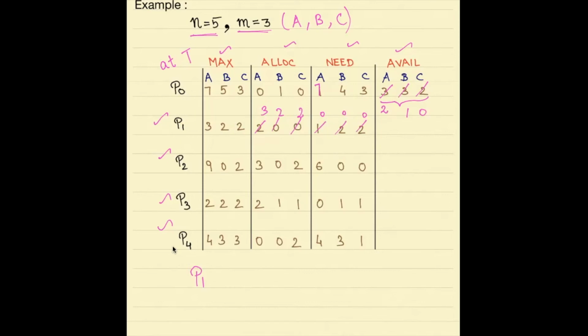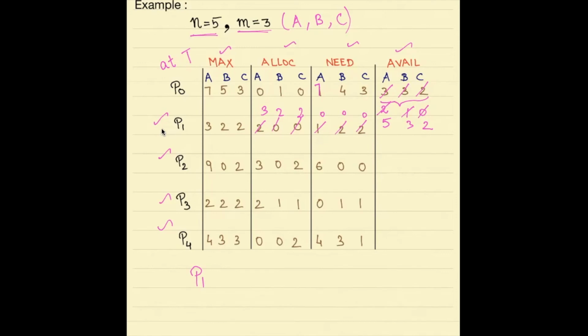So I can complete process P1 first, and then I release all these resources back. So I will add these 3 to resource A, then these 2 to resource B, then these 2 to resource C. So now my new availability will be 5, 3, 2 after P1 completes its task.